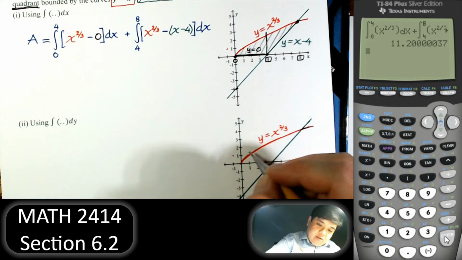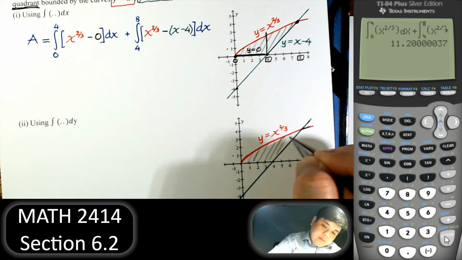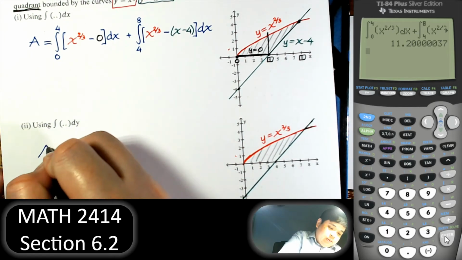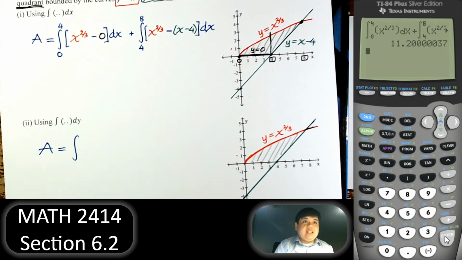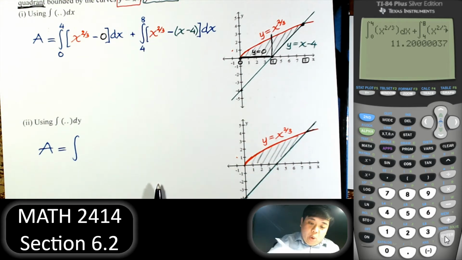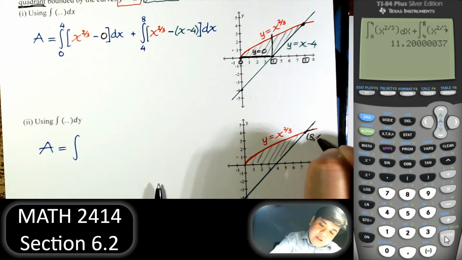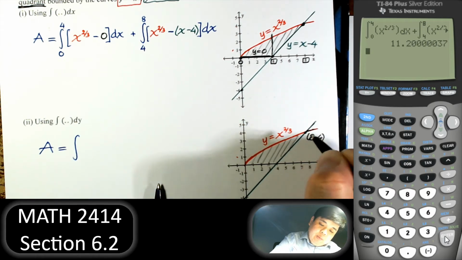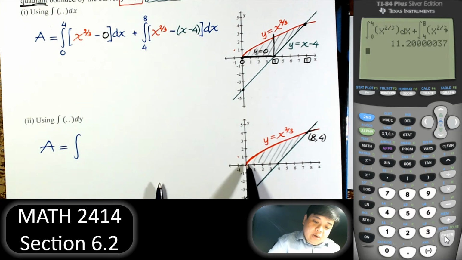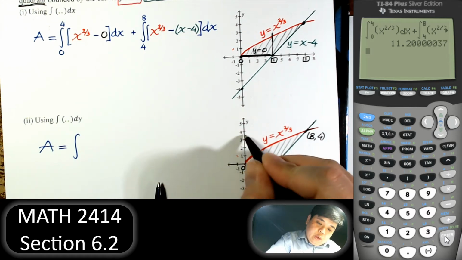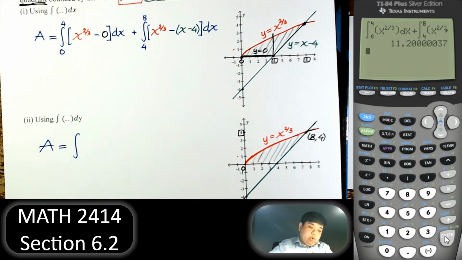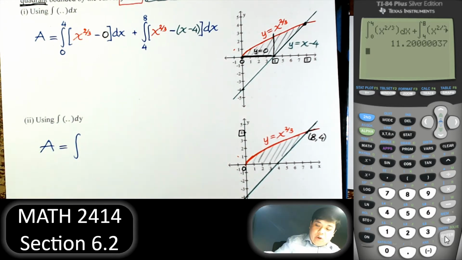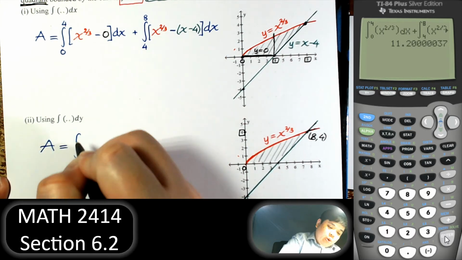And of course we still have this written. But now we set up the integral using dy, meaning that when we look at this, we know the point here is 8 and 4. So in terms of this region, the y values go from 0 to 4. That's for the y values, because we're going to use dy. So we know the limits: 0 to 4.